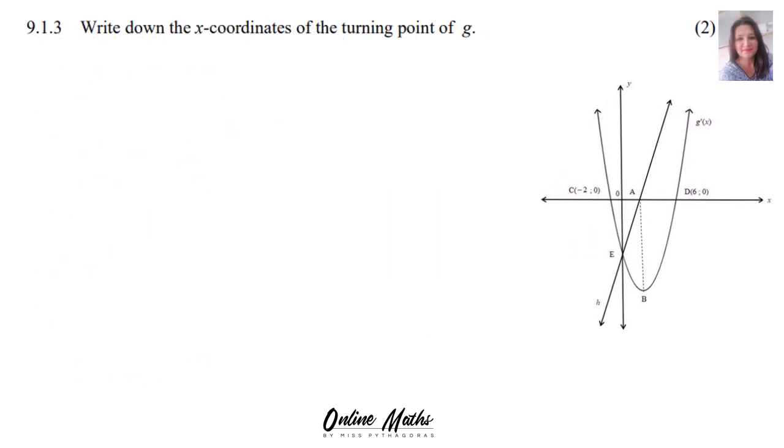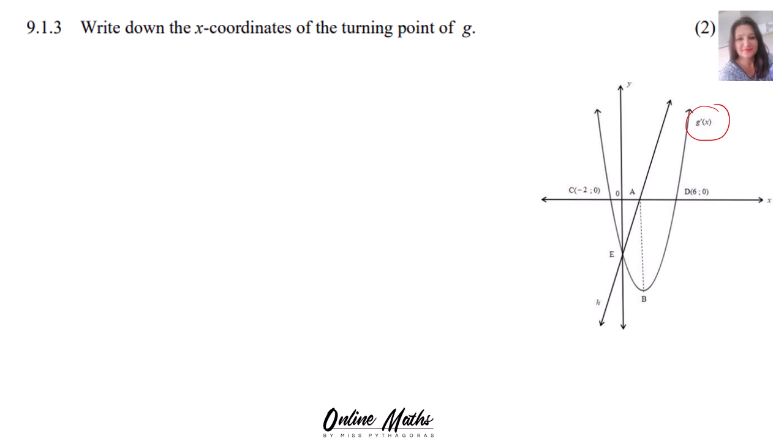Number 3, write down the x-coordinates of the turning points of g. From the very first slide, they told us that g is the original function. In fact, this parabola that you see here is the derivative.